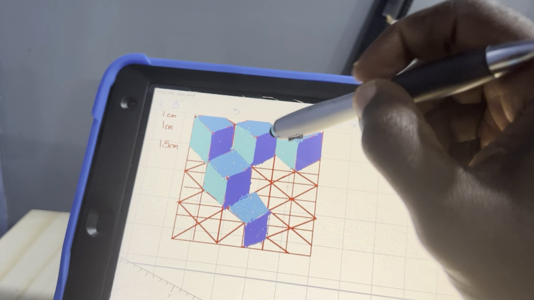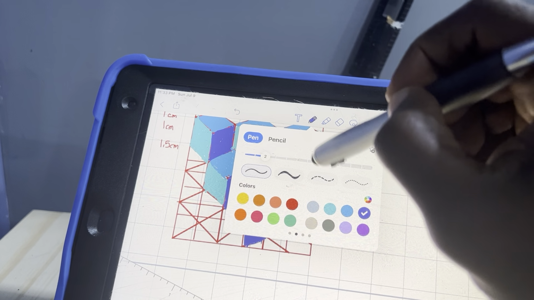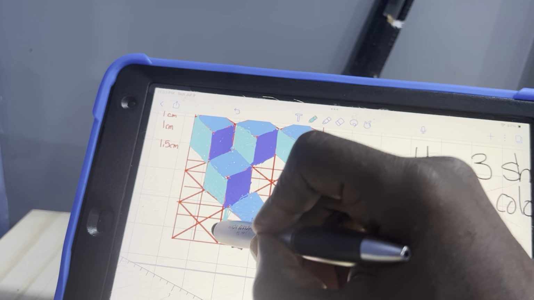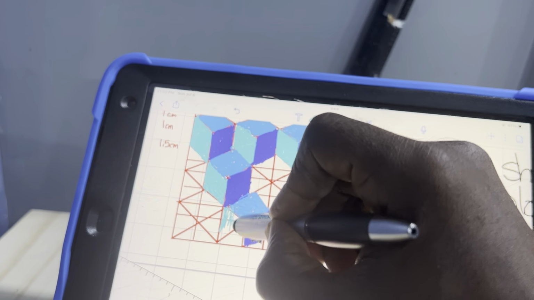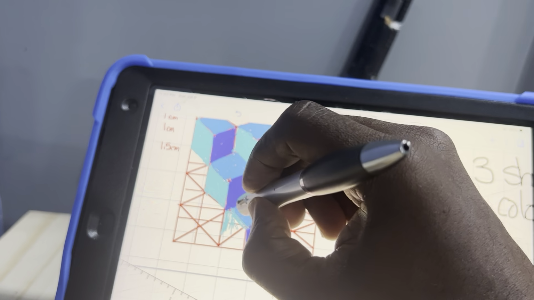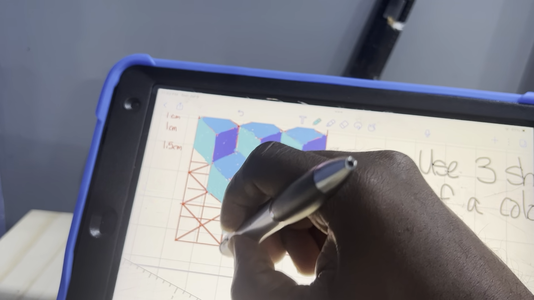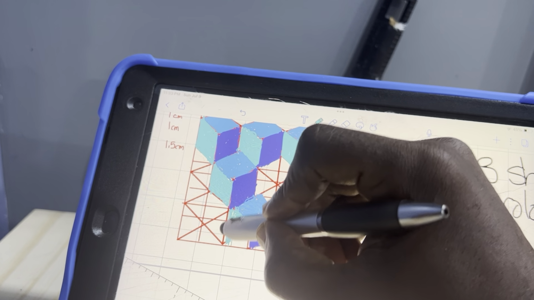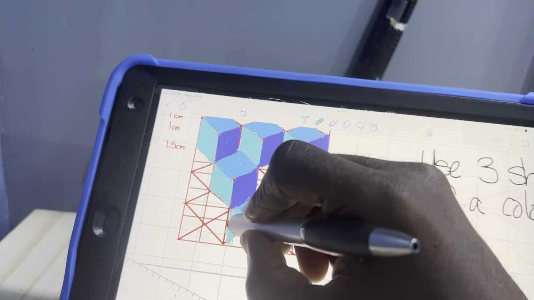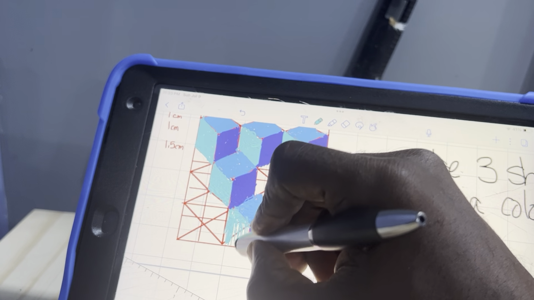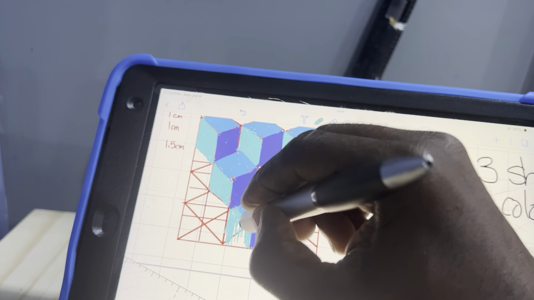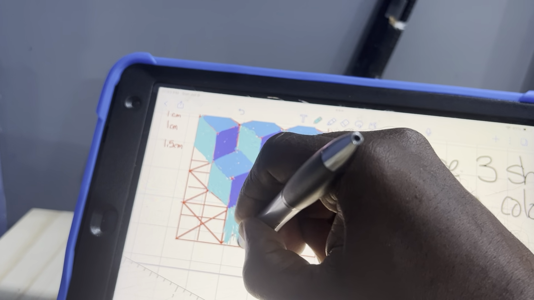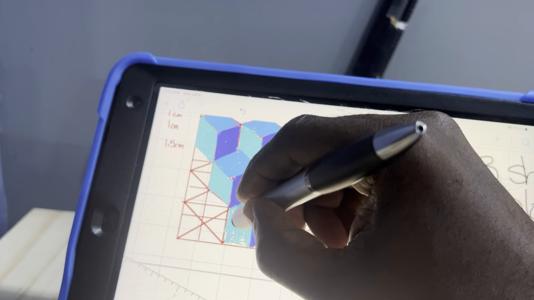Face, and then my side is light blue, and so this would be my side. Again, it would be much neater if I'm taking my time. I just wanted to give you guys an idea of how it comes together.